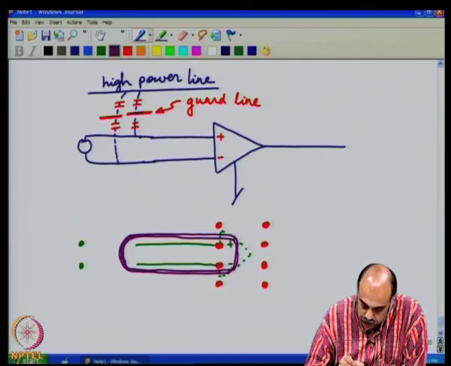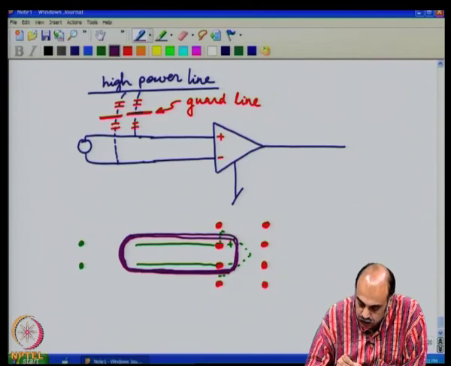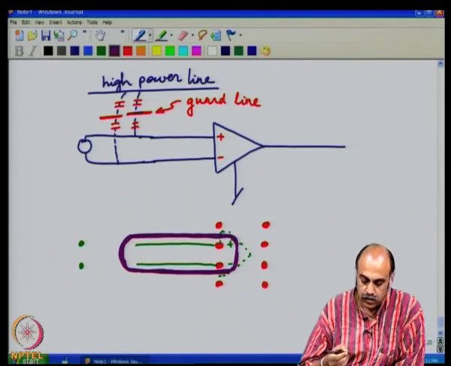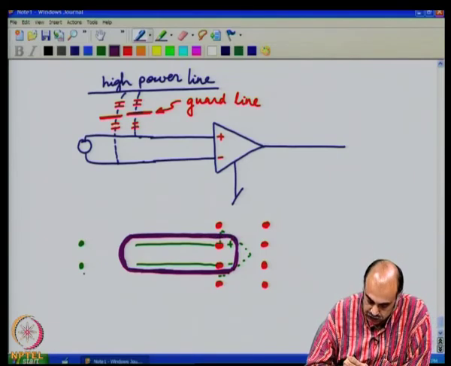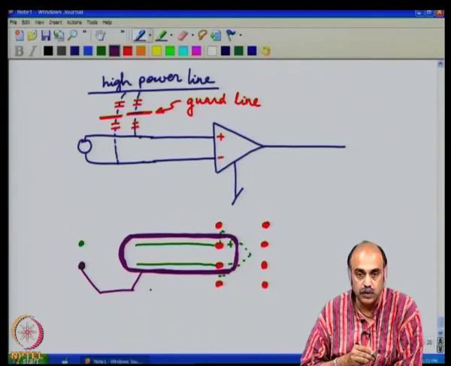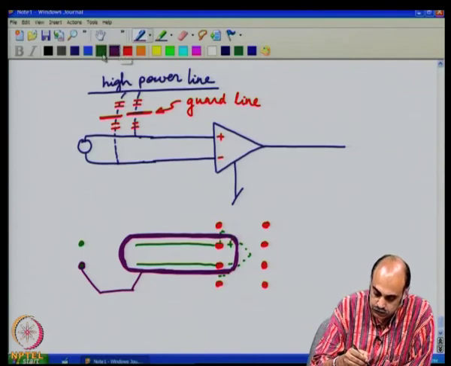So, this track, after you have put a track like this here, you need to give it a potential, and normally we will give it a potential which is the lower, that is the minus potential. So, let us connect it to this potential, or it could be connected to ground, it is called the guard ground.